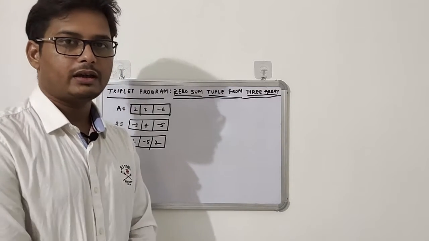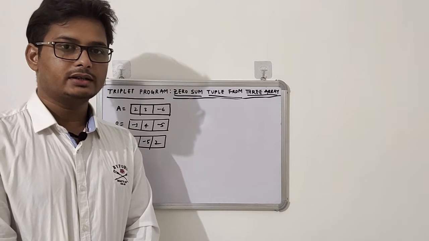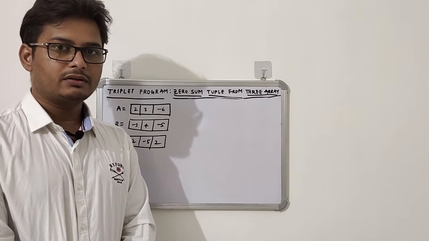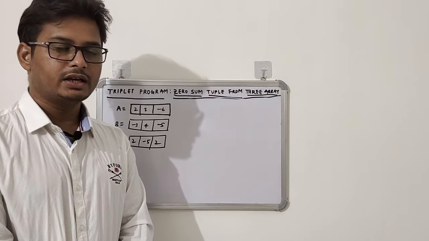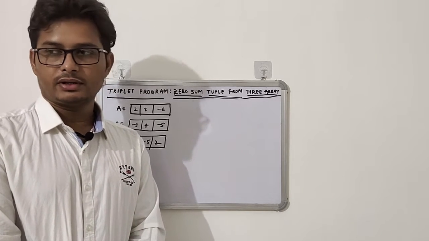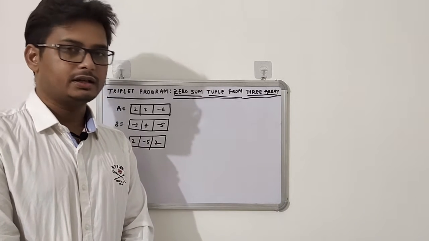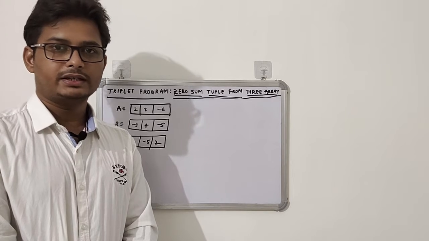Now we apply the brute force method and try to find whether there is any tuple which has sum equal to 0, and if its sum is 0, then we will include it in our answer output, otherwise we will discard it.